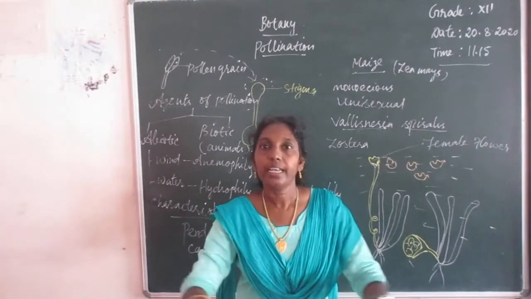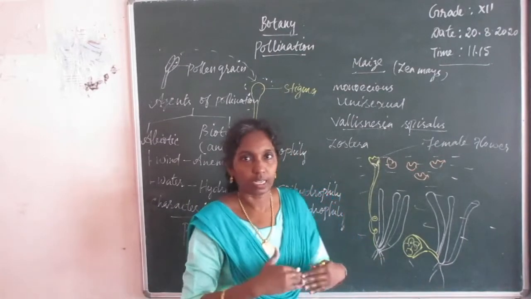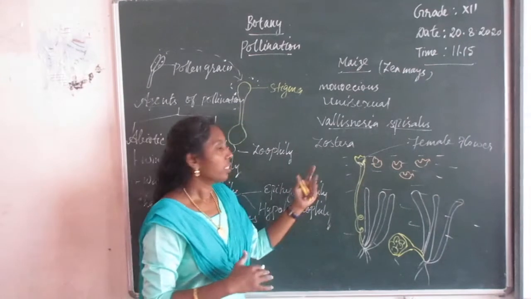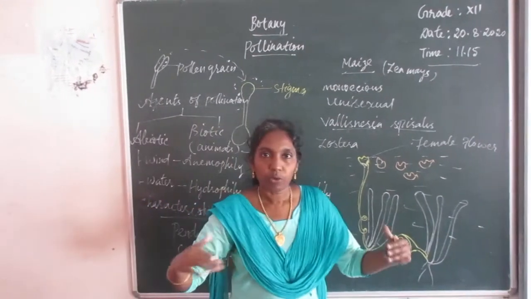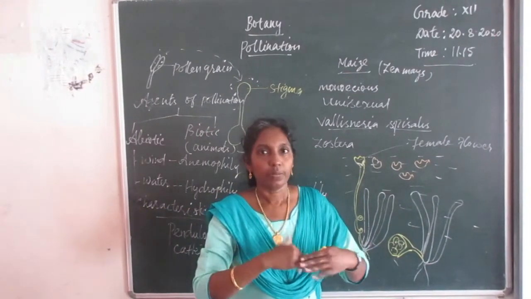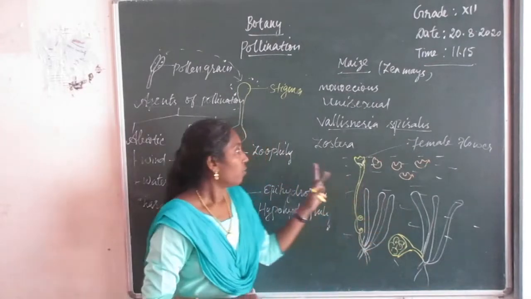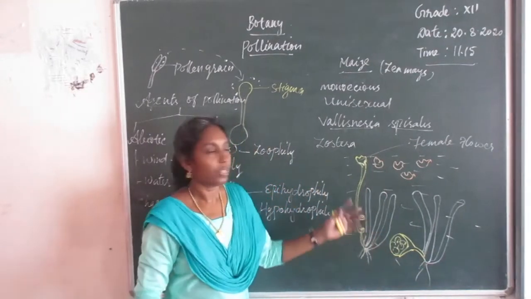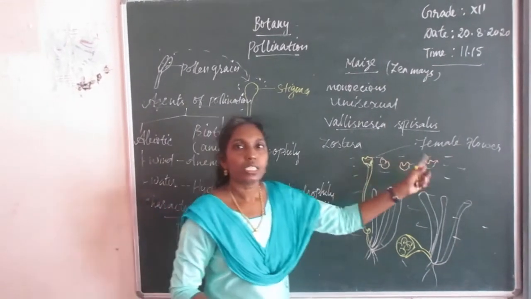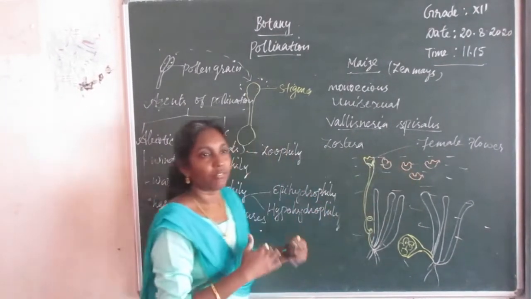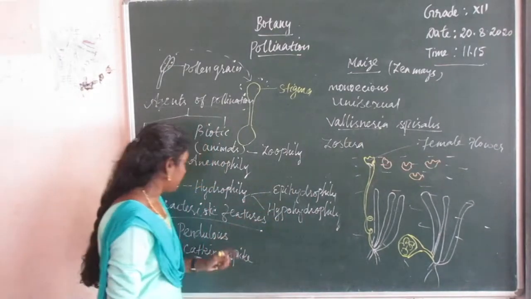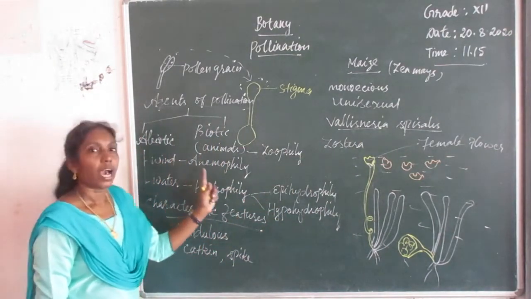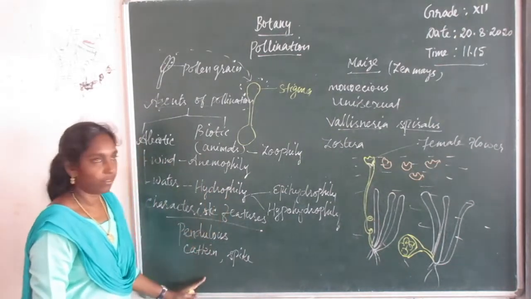It is present at any depth of the water, because when the water current moves, the gravity of the pollen grain is also the same as the water current. So it may float at any depth of the water. When it reaches the stigmatic surface, effective pollination takes place. So abiotic agents are anemophily and hydrophily.